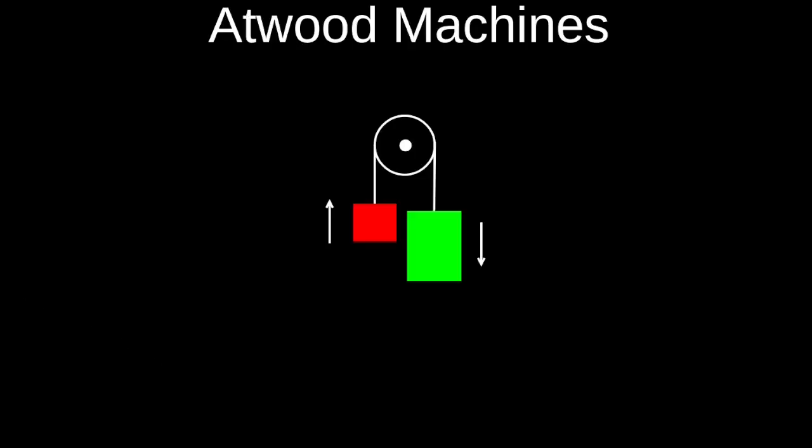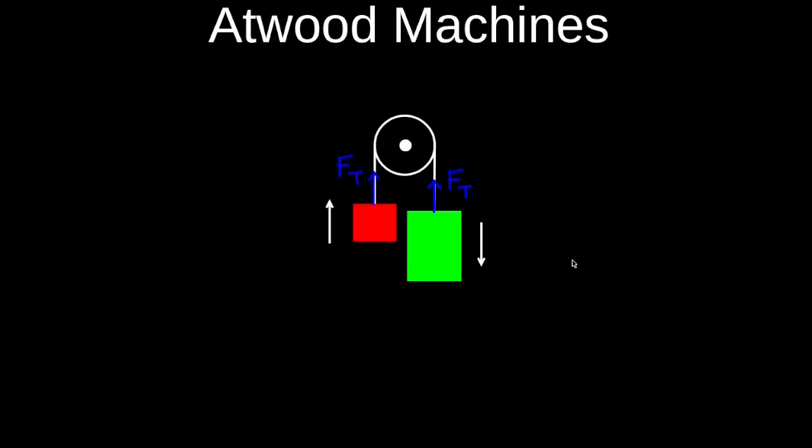Today we'll look at a special cable and pulley system known as an Atwood machine, which consists of two masses attached to a pulley and is used to verify Newton's law for a system with a constant acceleration. So treating the cable and pulley system as massless, as explained previously, the tension force in the cable is the same.